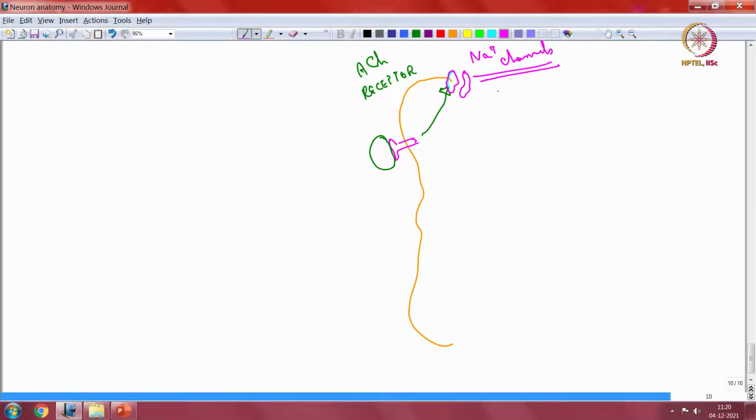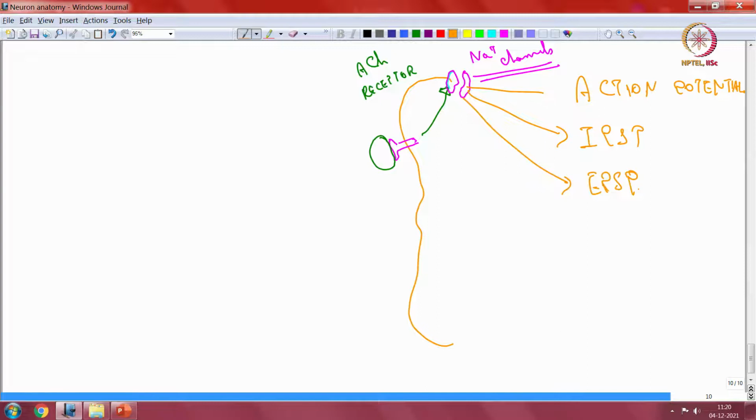When sodium channels are triggered in sufficient quantity, you have an action potential which is generated, or it can even be an IPSP or an EPSP.